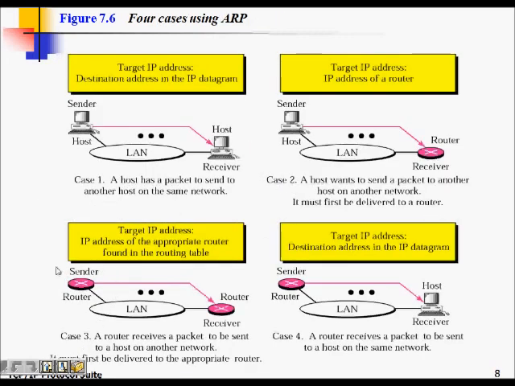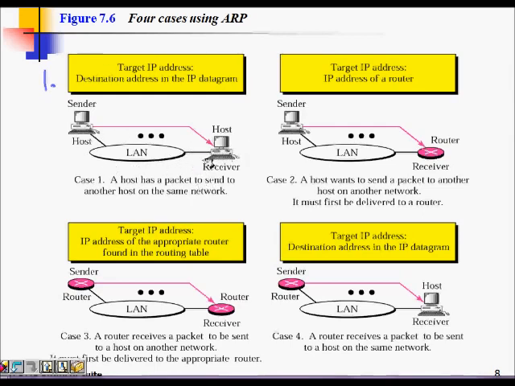Now this one is interesting. Let's see what the cases for using ARP are. Case 1: what is the target IP address? I am on a particular LAN, and the other host, the receiver to whom I want to send some frames, is also on the same LAN. I know his IP address, but I don't know his MAC address.